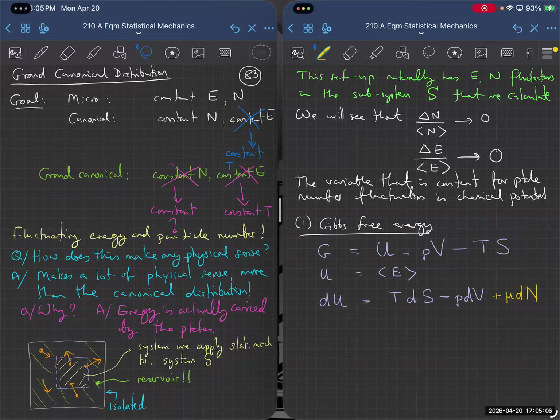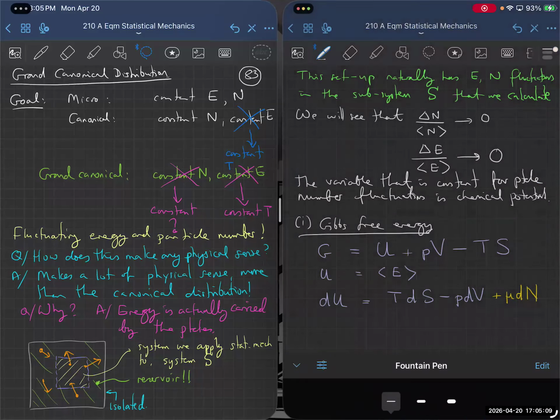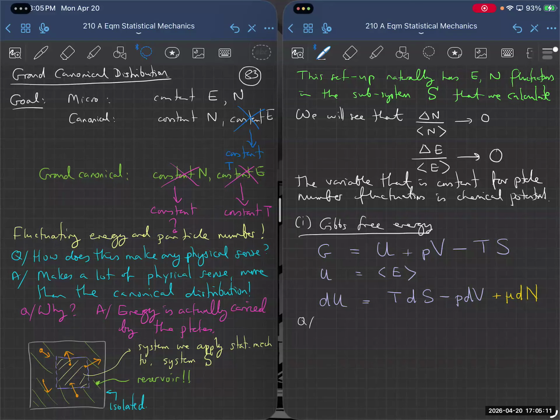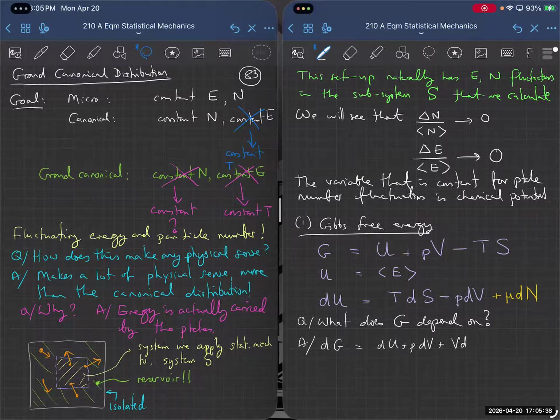Okay, once I've got that, let's ask the next question. What does G depend on? We do the same thing as we did before. If G is defined like that, then dG is dU plus P dV plus V dP minus T dS minus S dT.